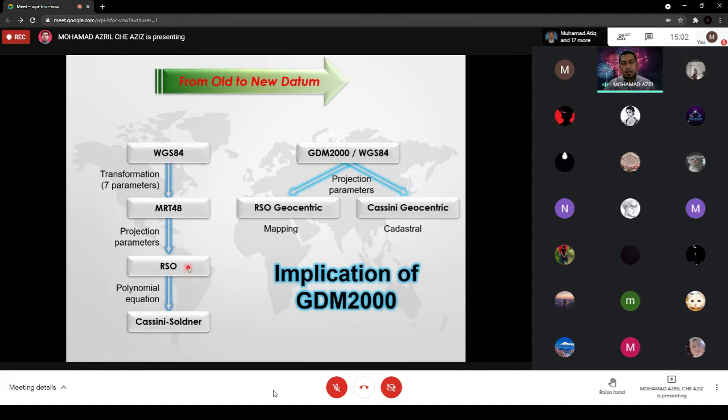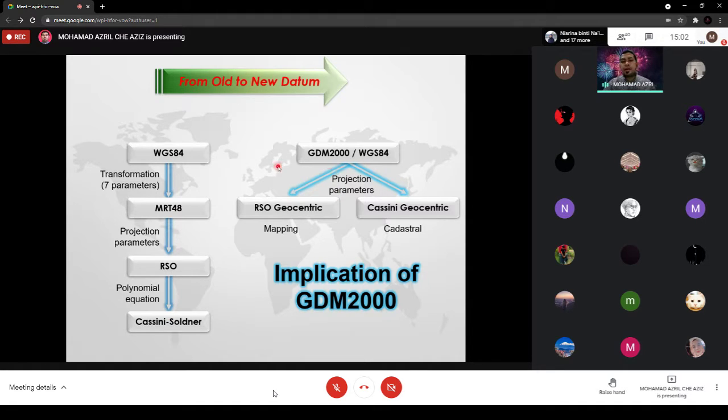When you want to focus on the state, meaning you carry out cadastral work, you need to change from MRSO to the Cassini-Soldner. This is another projection, focused on the state, for the purpose of the cadastral survey.